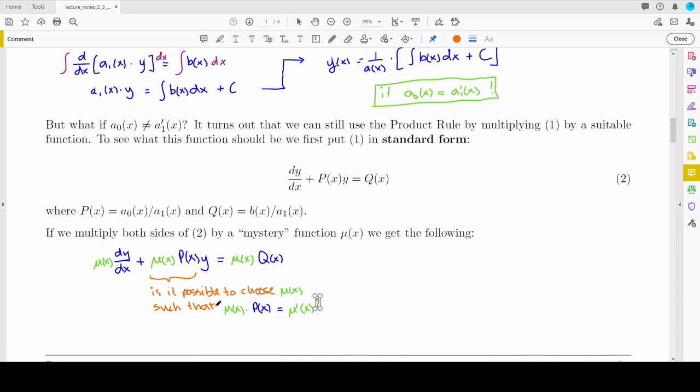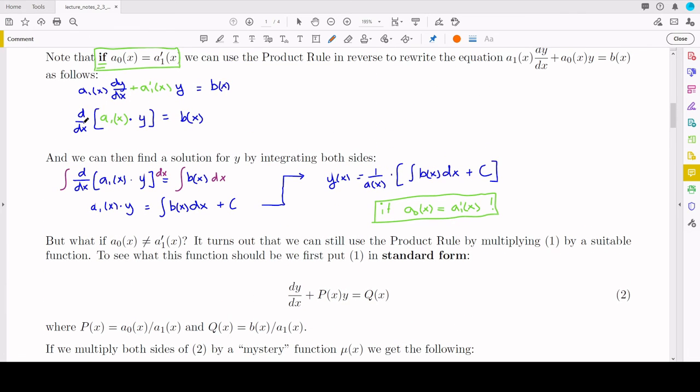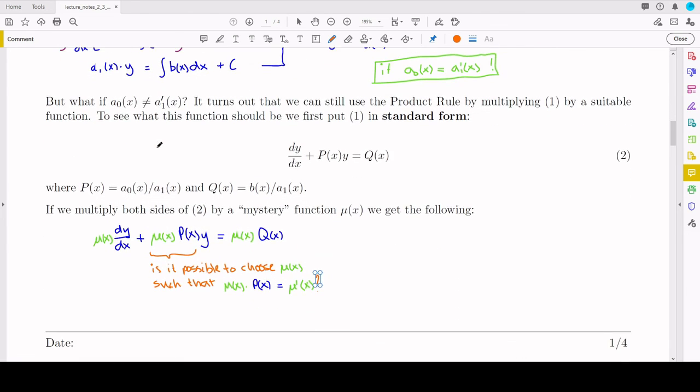So that's the big question, because once we can do that, we can do a similar thing like we did here. We'll be able to write our equation as a derivative of a product on the left-hand side, and we can find our solution. So we'll continue that in the next video.